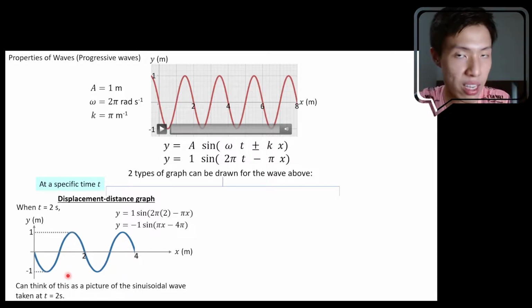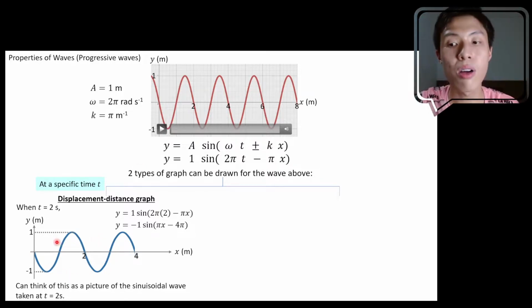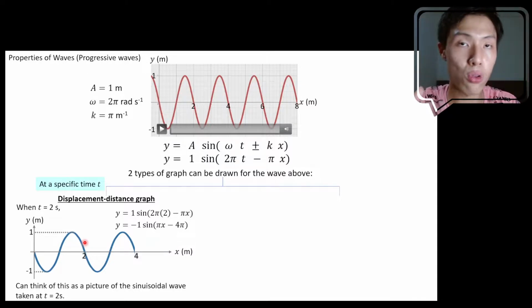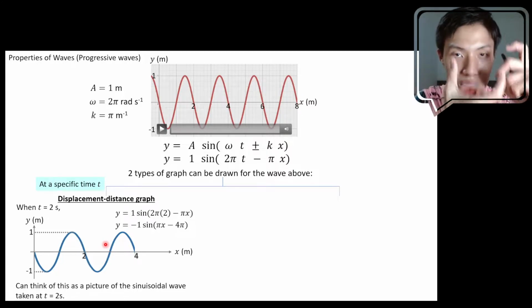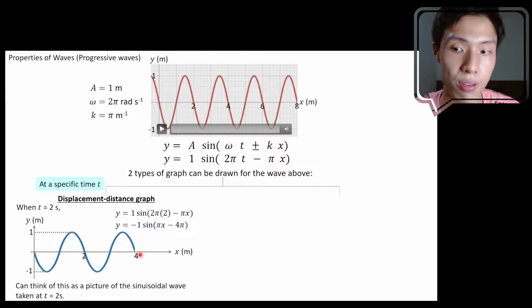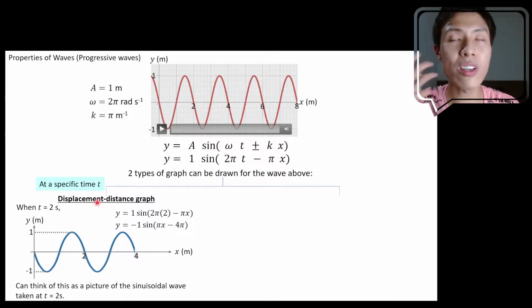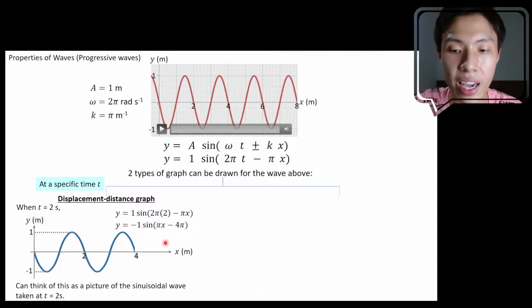You are not taking a video, you are taking a picture. So if it's a picture, it's a specific moment. So this graph that you see here represents how the wave will look. This is a picture of the sinusoidal wave. So if the wave is happening in front of you and you take a picture at t equals 2 seconds, this is the shape that you observe. Okay, so this is what you can think about when we talk about the displacement distance graph, the y-x graph.